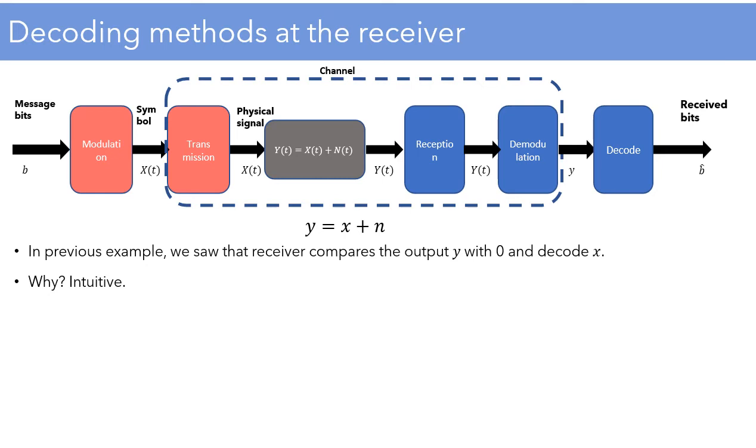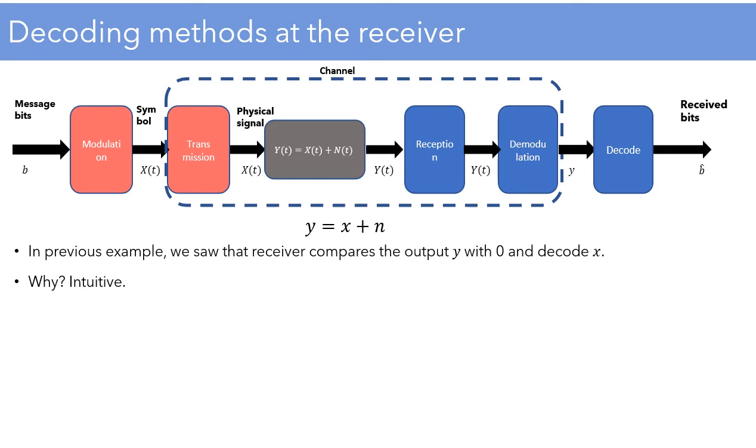And if minus 1 was transmitted, then the error is 1.2, and we say there is a high probability that the noise is small. So which is more likely, a noise of 0.8 or noise of 1.2? So that's why we said noise of 0.8 is more likely. That's why we expect that the transmitted symbol was 1.